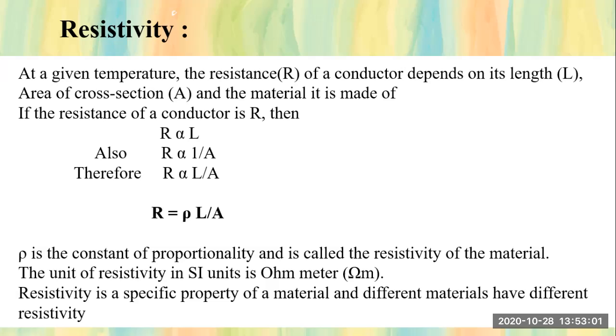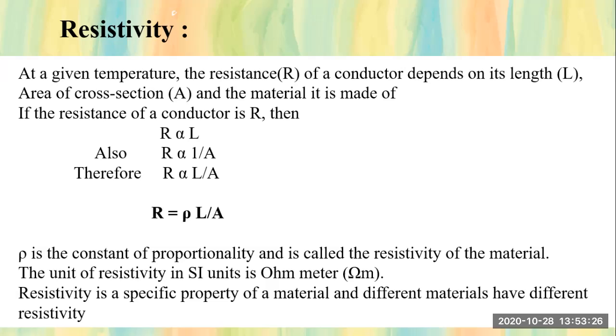Now see, when we remove this proportionality sign, we take R equals rho L upon A, right?